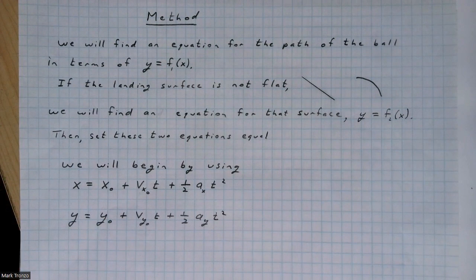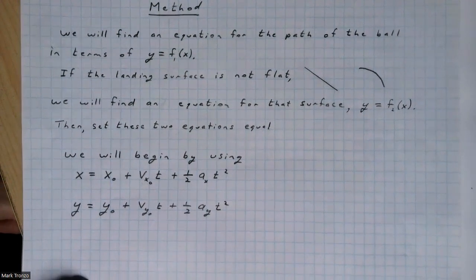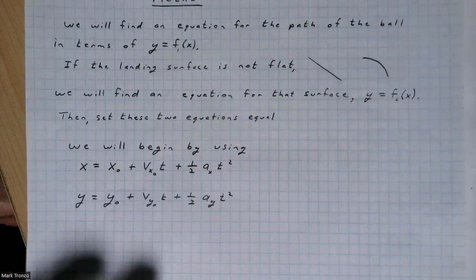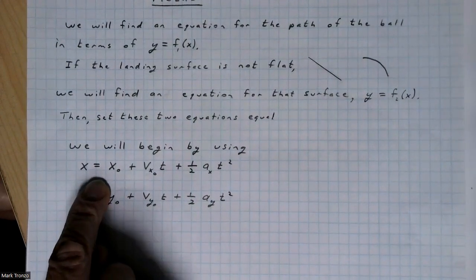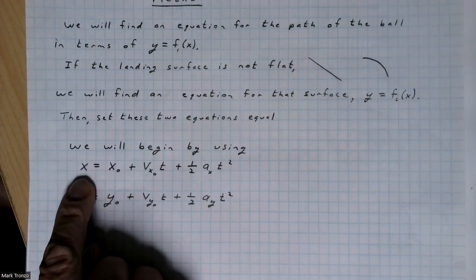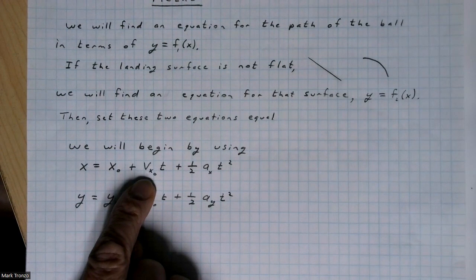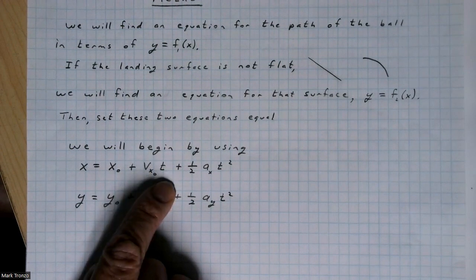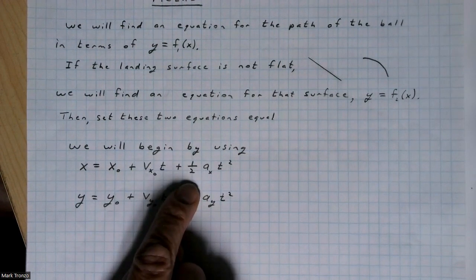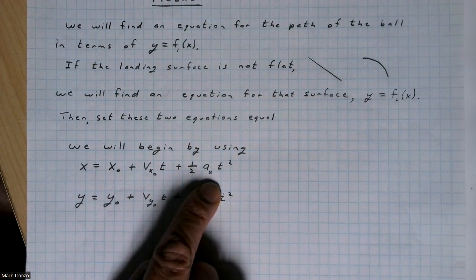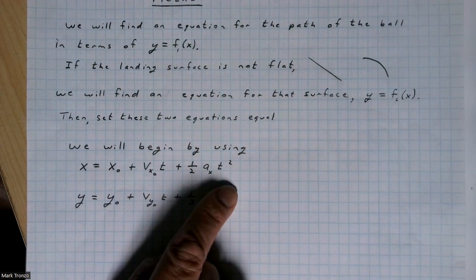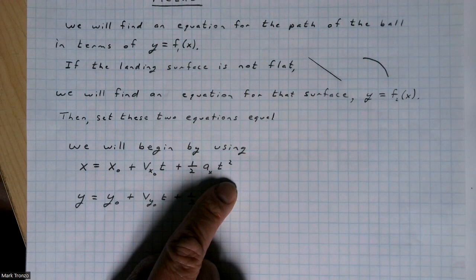But near the beginning, we're going to work with the basic equations for motion. We're going to use the basic x equation, which is going to be x equals the initial position x0, plus the initial velocity in x times time, plus 1/2 the acceleration in the x direction times time squared.